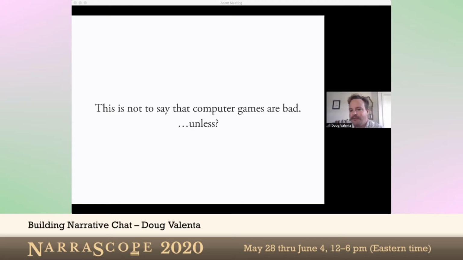There's a way in which computer games make rules something that cannot be fudged, something that cannot be broken, something that cannot be played with or explored. And they also take something that was once exposed and hide it away. And in this sense, I'd say that computer games are very unqueer.